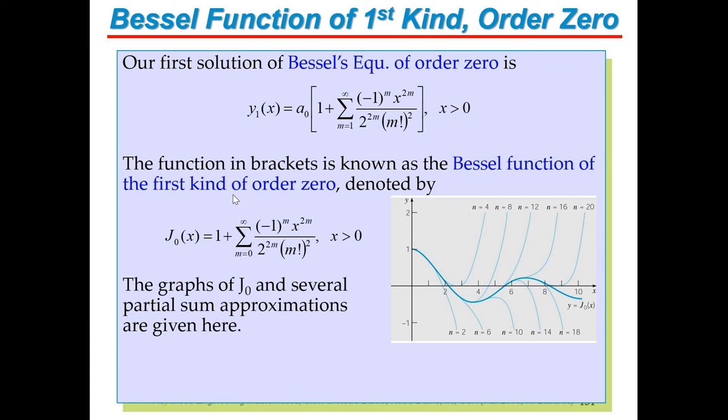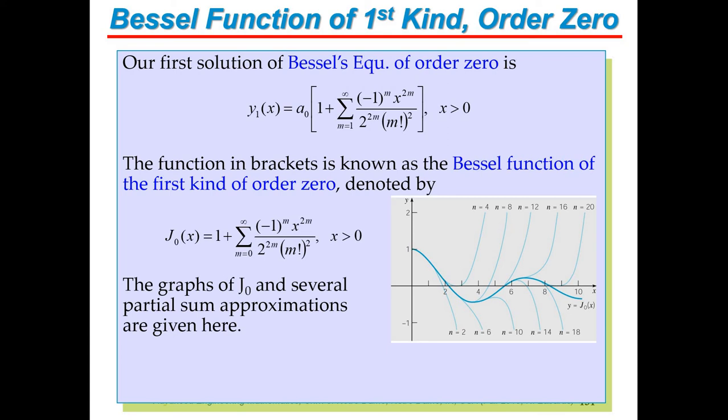All right, so we learned one of our Bessel functions, this J0 of x. So it's a Bessel function of the first kind of order 0. Order 0 refers to the fact that nu equals 0.